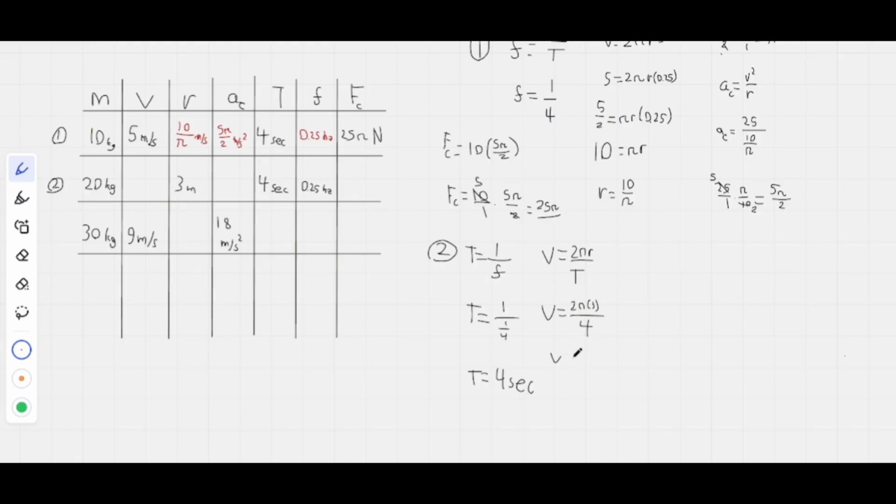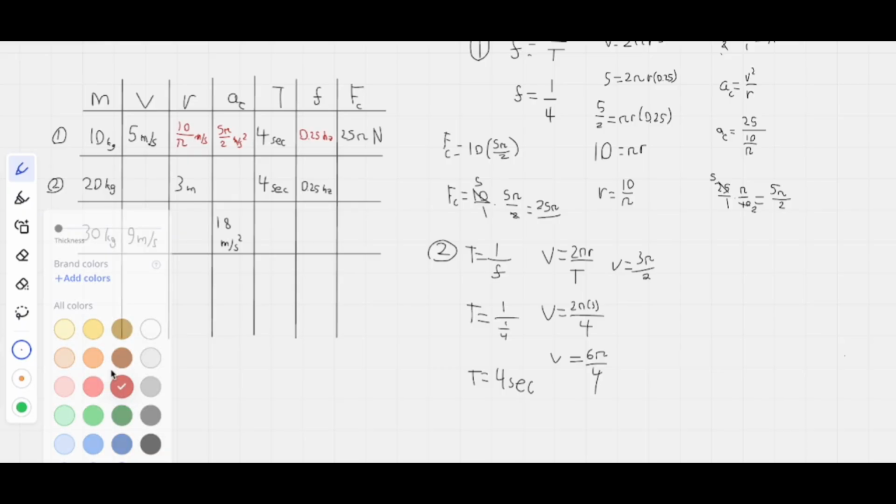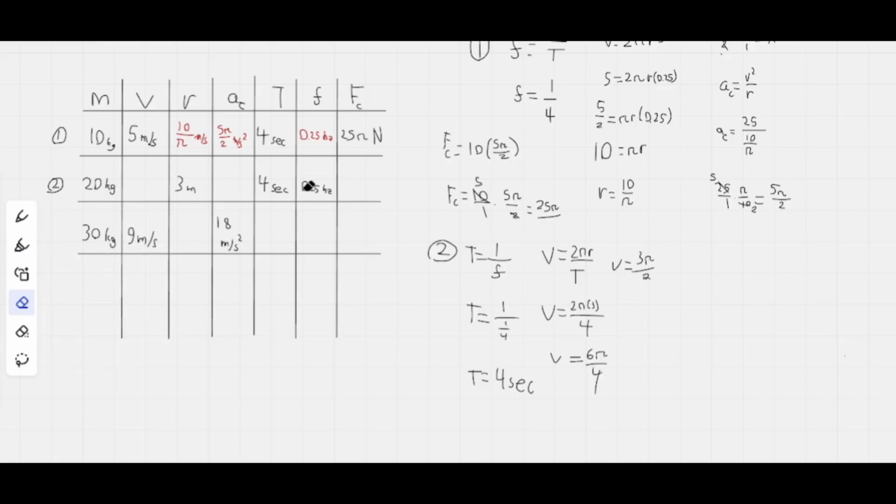So you just multiply these two, you get V equals 6 pi over 4. And if you simplify it, V equals 3 pi over 2. Now we can plug that in. Let's use a different color. I'll also use a different color for this one as well. Whoops, not this one. This one right here.